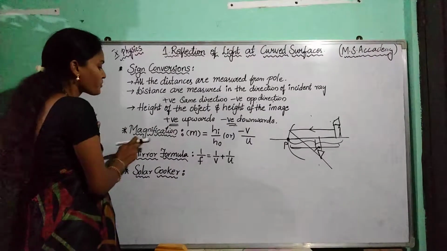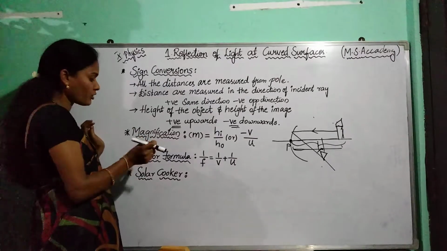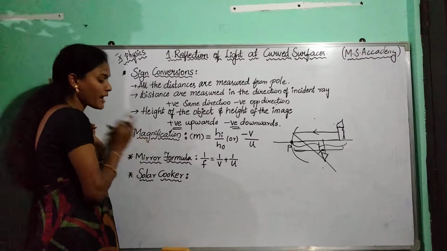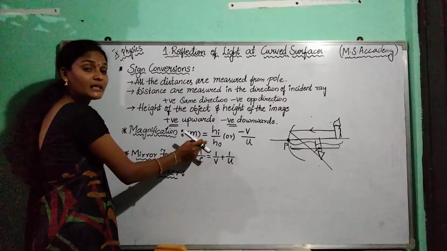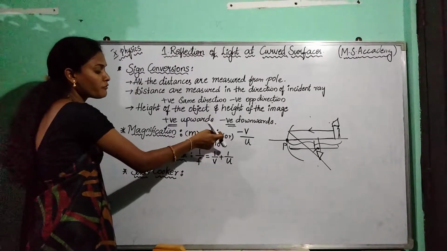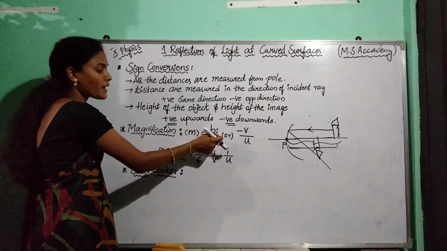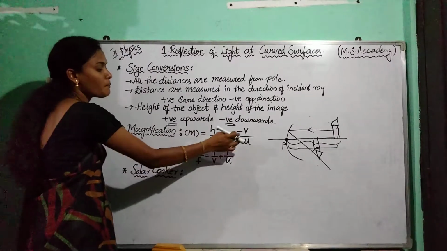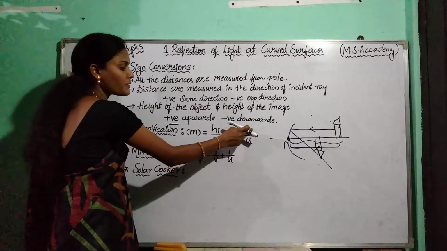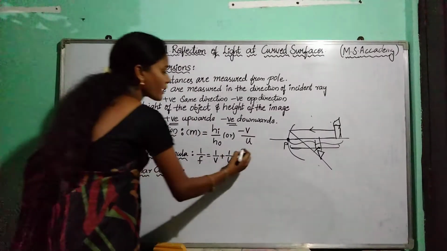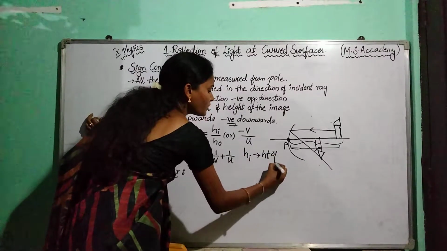Okay, next, magnification. This is also a small topic and a very important topic. What is magnification? Simply, you can write this definition: it is the ratio of hi by ho, or simply the height of the image by the height of the object, or minus v by u. Hi is nothing but the height of the image.